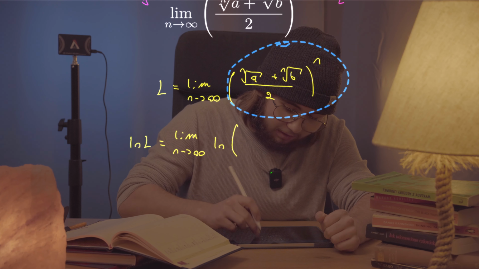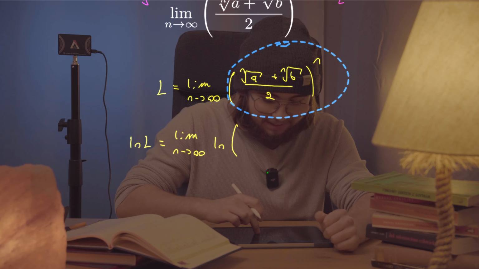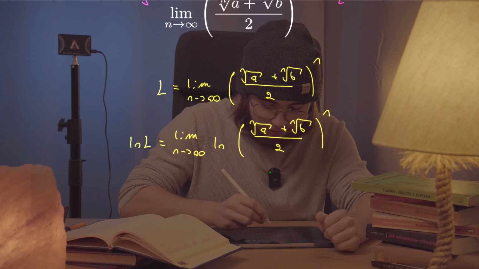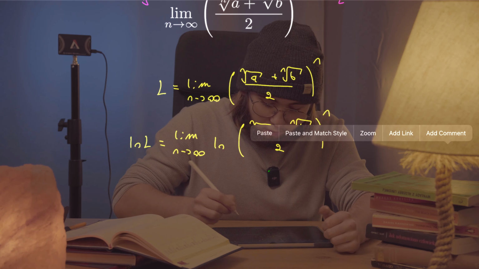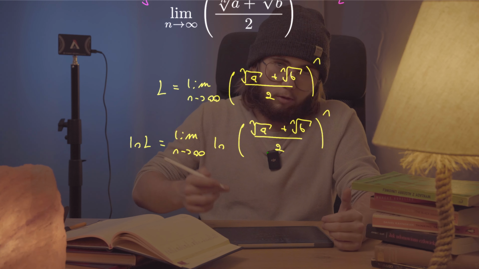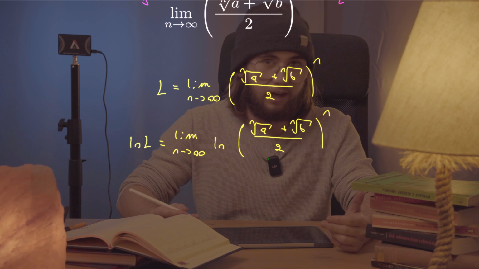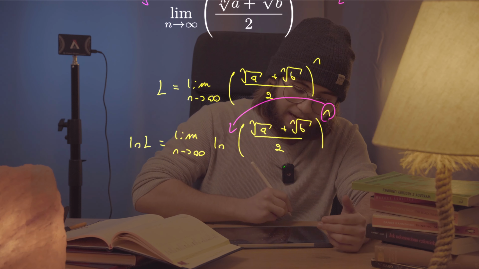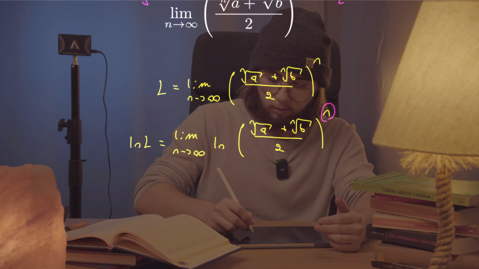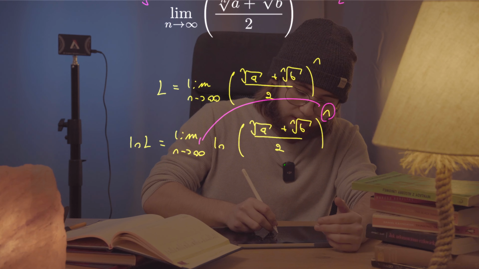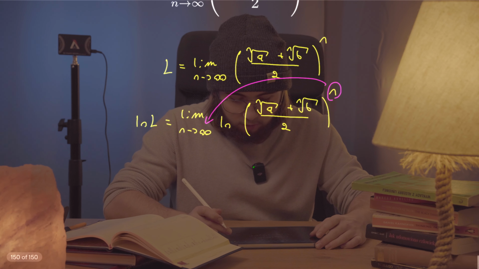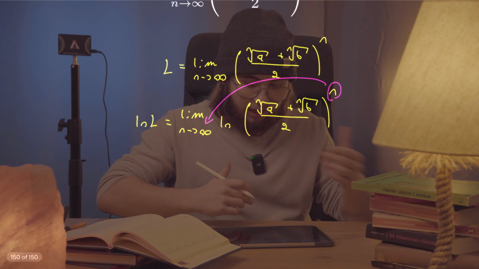I'm not going to write it down again, I'm just going to copy it. I'm lazy as hell. Okay, so this thing right there. But now we can use the properties of logarithms, the laws governing those. We can take this n from the exponent and drag it in front of the logarithm, so we don't have it in the exponent inside of the logarithm.